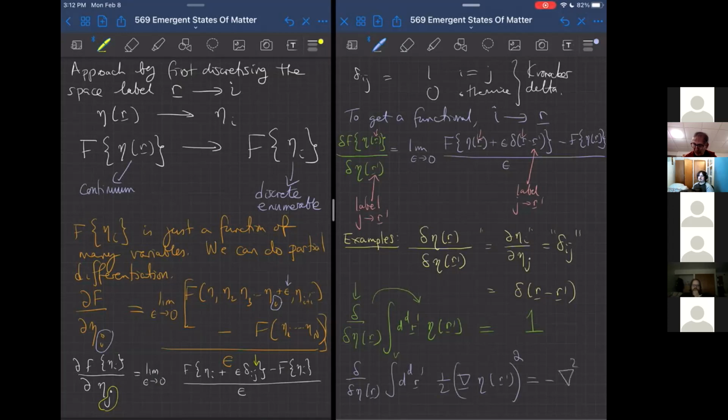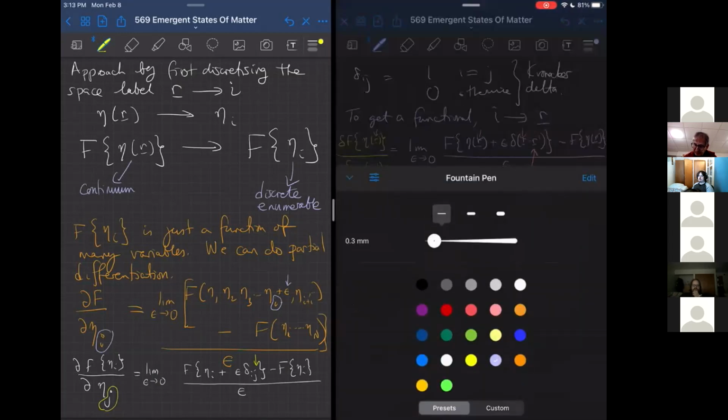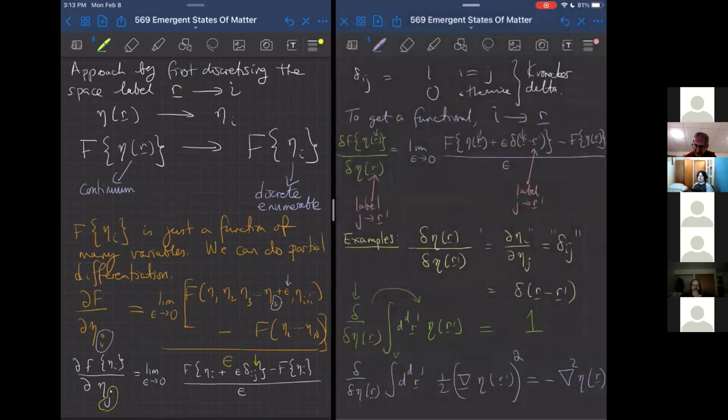This is minus del squared eta of r. And I want you to notice that you tell me what r is. The r prime is just a dummy variable, so the answer doesn't depend on it. The left-hand side depends on r, the spatial label, and so the right-hand side, which is the answer, does depend on r explicitly.